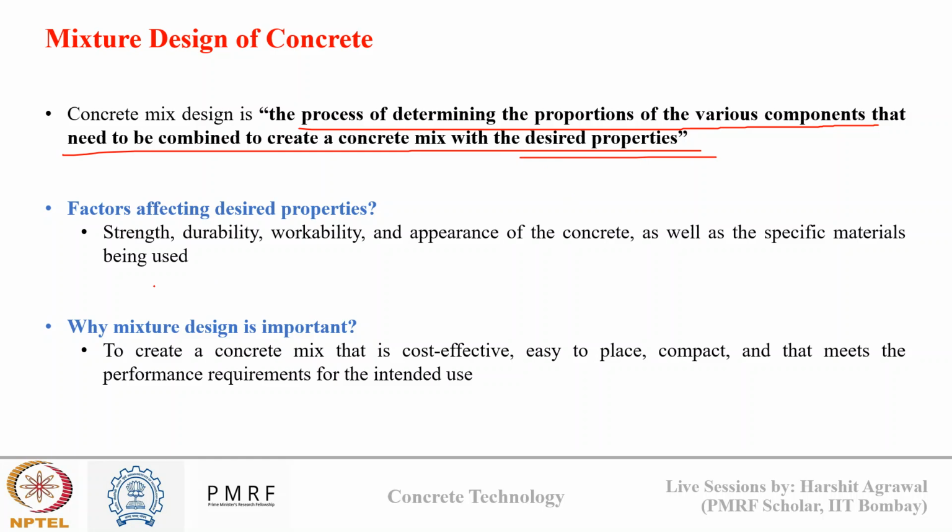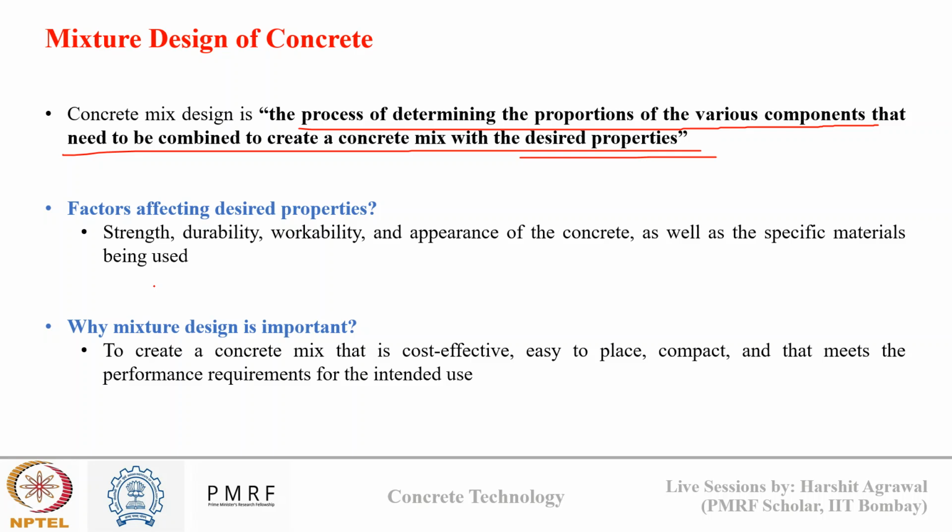There are different factors that determine a property of concrete like strength, workability, durability, appearance, and use of any specific material in concrete. All of them dictate the properties that we need from concrete, and thus control the mixture design. Suppose for an M30 grade concrete and for an M50 grade concrete, my mixture design will be different.